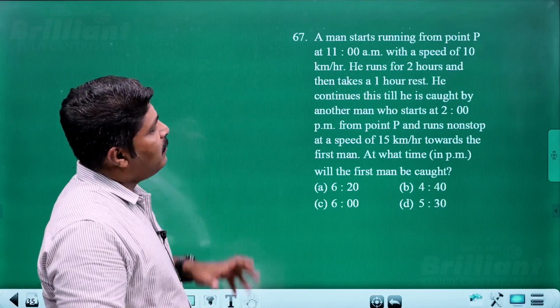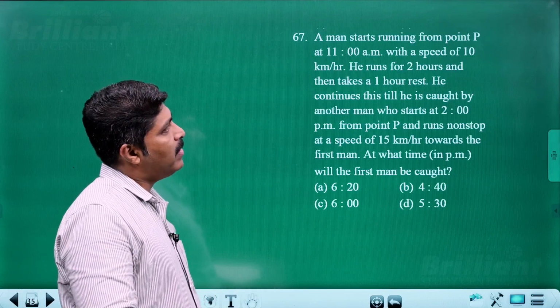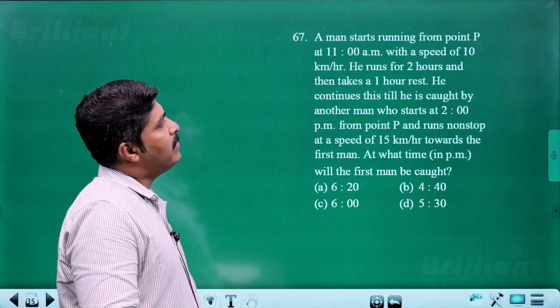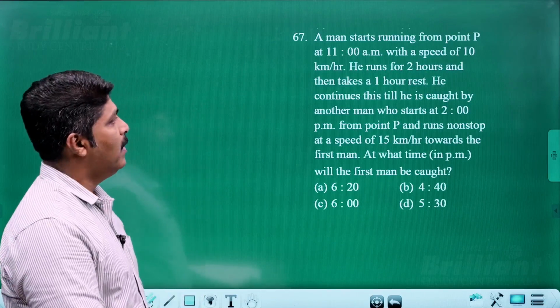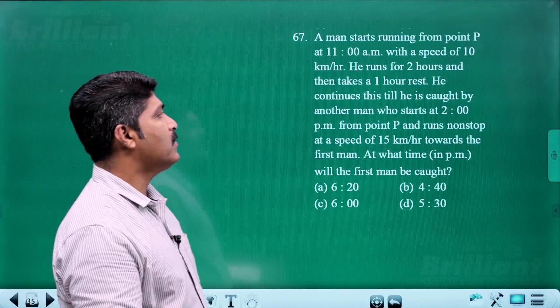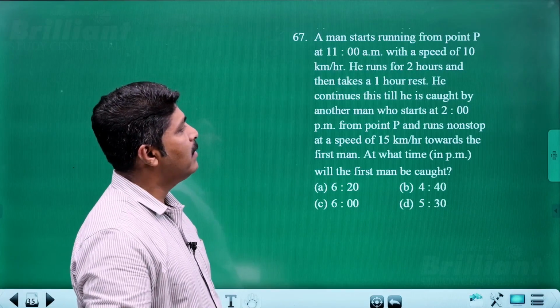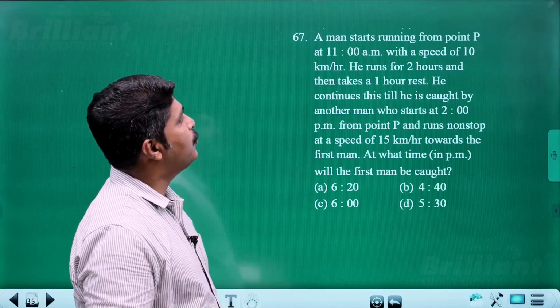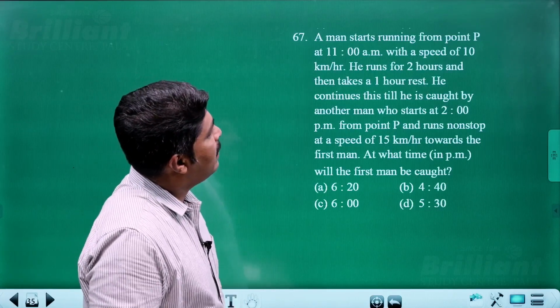A man's child starts running from P at 11 a.m. with a speed of 10 km per hour. He runs for 2 hours and then takes a 1 hour rest.